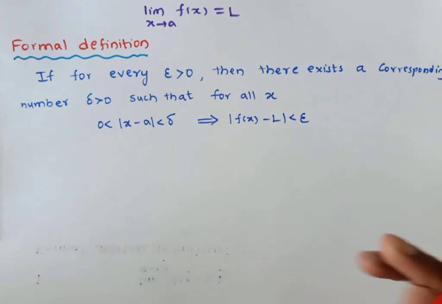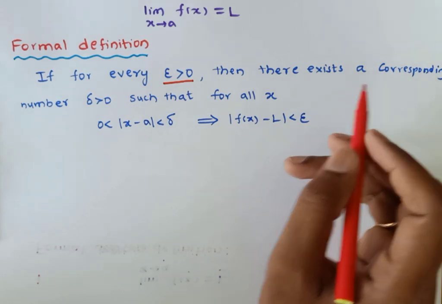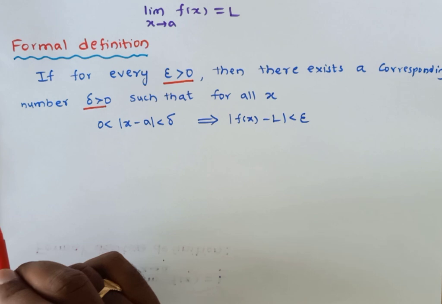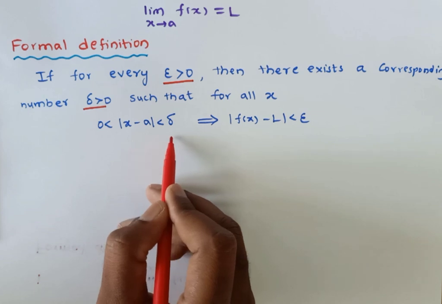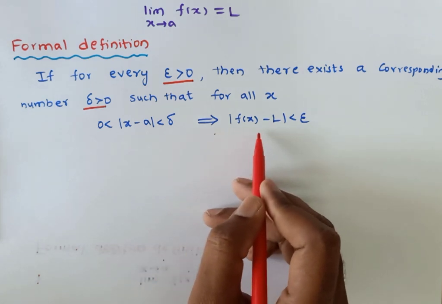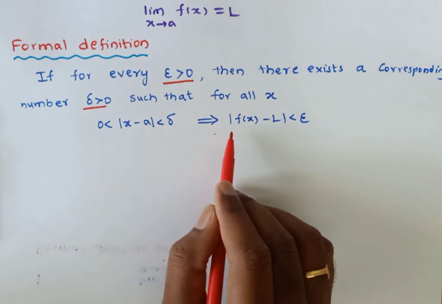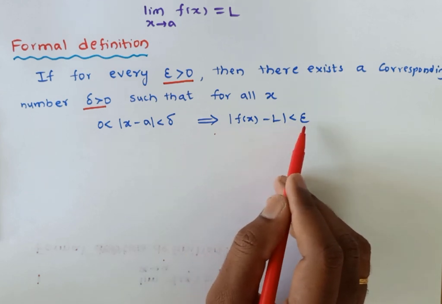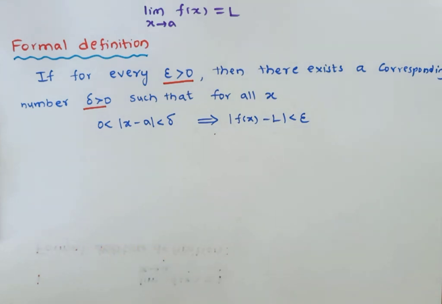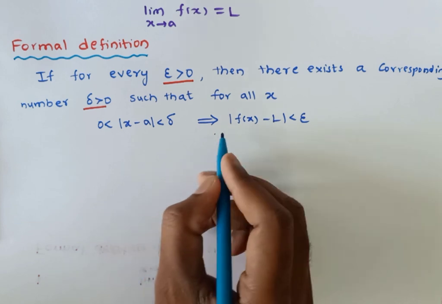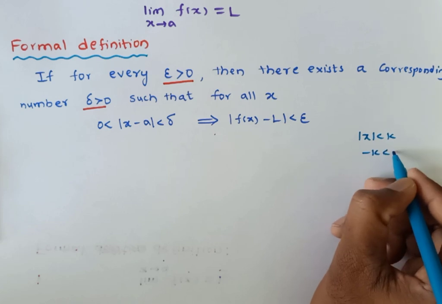See the definition. If for every epsilon greater than 0, there exists a corresponding number delta greater than 0 such that for all x, 0 is less than modulus of x minus a is less than delta, that implies mod f of x minus L is less than epsilon. We know mod x is less than k means minus k is less than x is less than k.